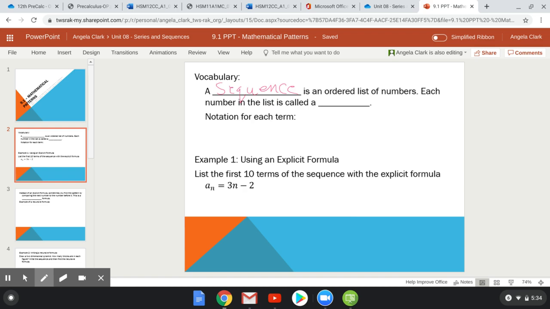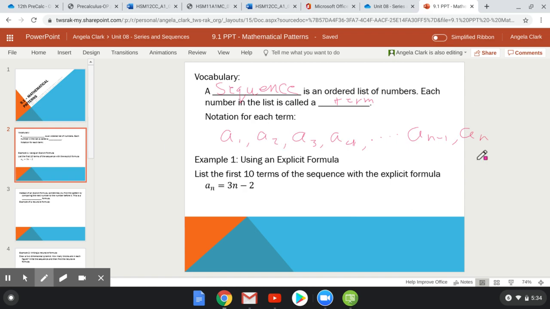is an ordered list of numbers. Each number in the list is called a term. So we have a sequence and it's going to be made up of terms. Our notation is going to be A1, A2, with commas in the middle, A3, A4, and then that's going to go on until an minus 1, an.